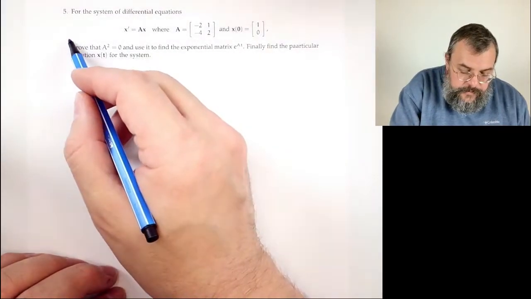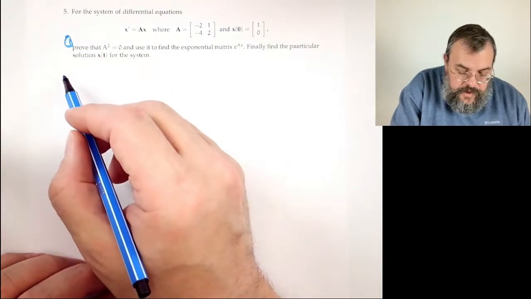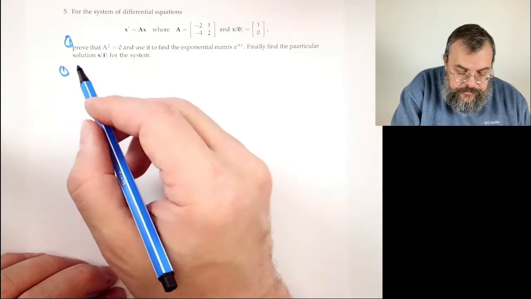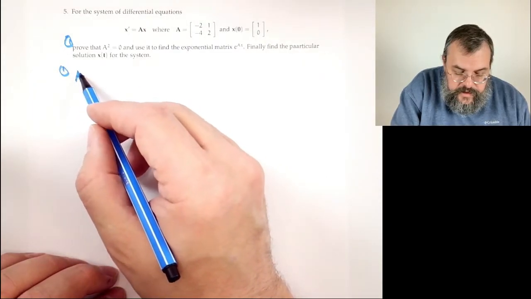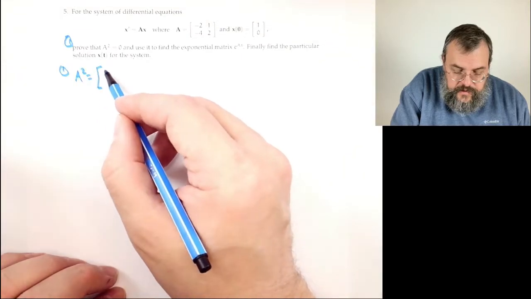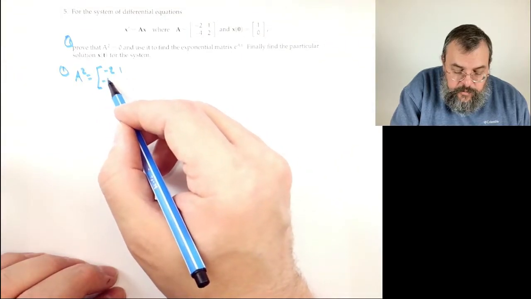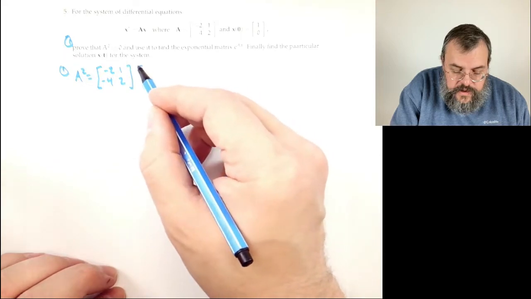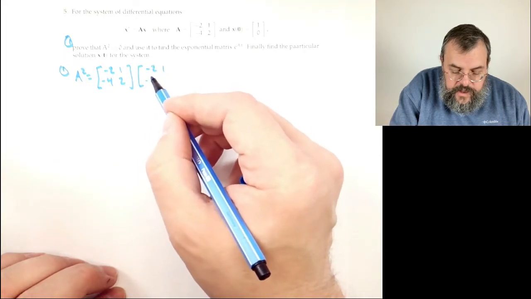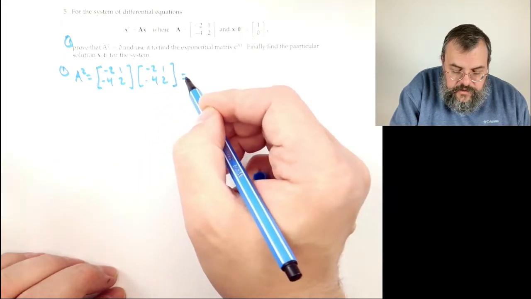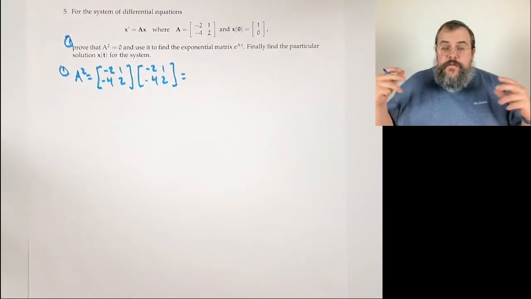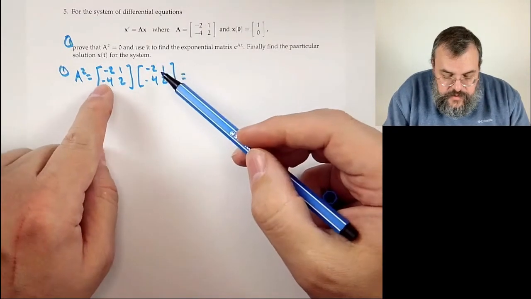So, number 1, prove that A squared equals 0. Okay, so here we go. So A squared is minus 2, 1, minus 4, 2, times minus 2, 1, minus 4, 2. And there's really not much here to do in the way of proving. It's really more of a check. But let's go through and do our check.